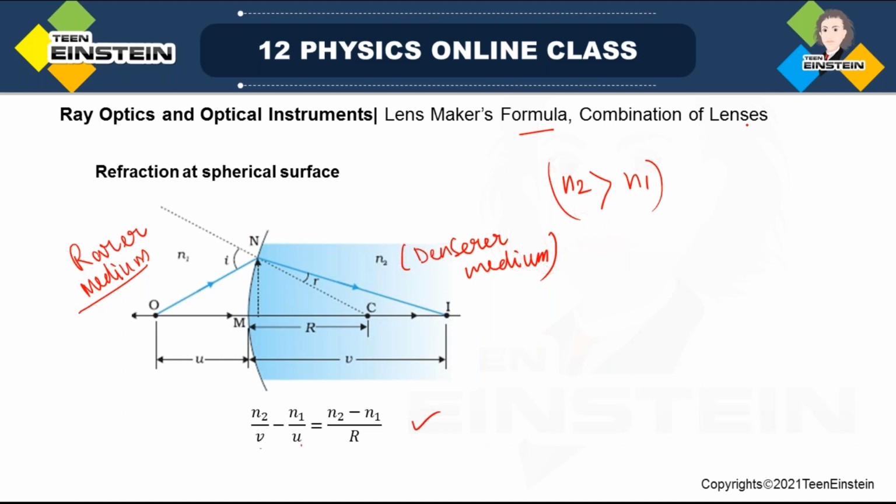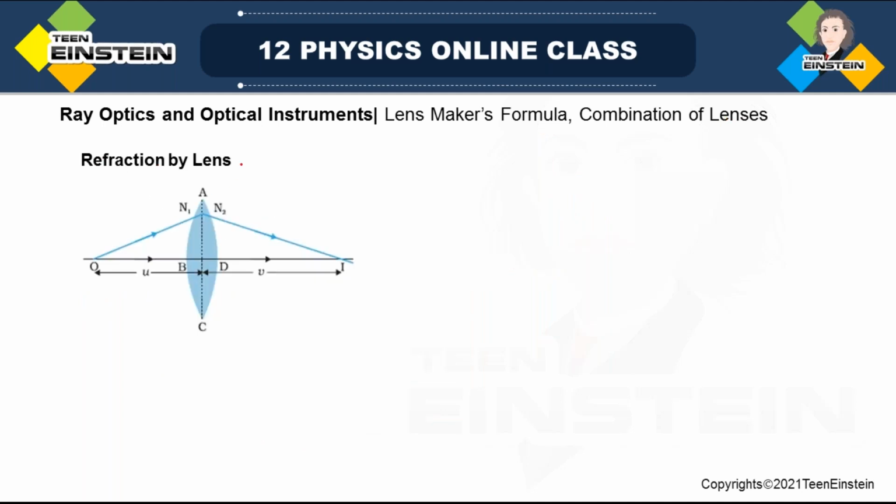Today we'll also take up how the power or the focal length changes in a combination of many lenses. Those things we'll be learning today. So this is refraction by lens, and from here we'll be deriving the lens maker's formula.